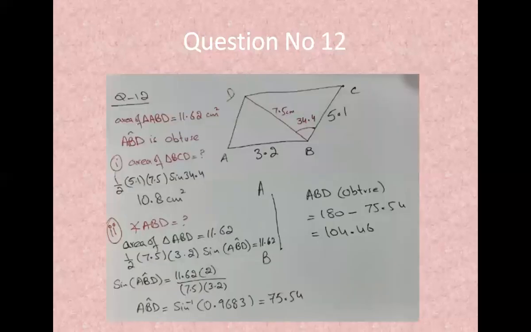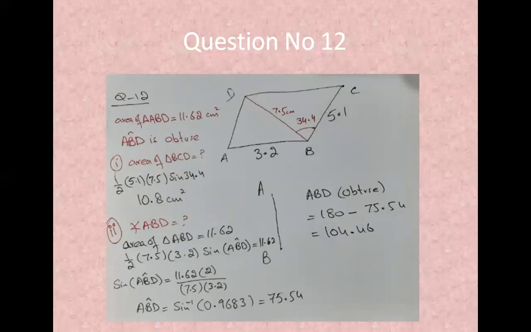Okay. So now we have question number 10, and I will try to read that question from the book. It says, in the quadrilateral ABCD, AB is equal to 3.2 centimeters, BC is 5.1 centimeters. The angle CBD is 34.4 degrees, and the length of the diagonal BD is 7.5 centimeters.